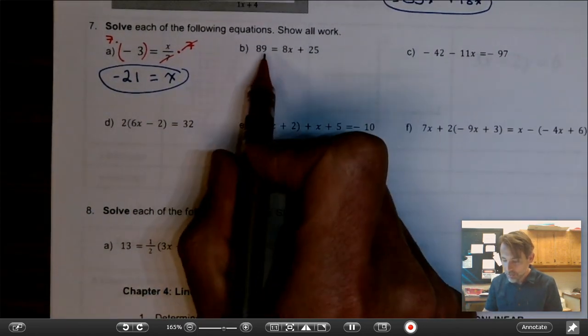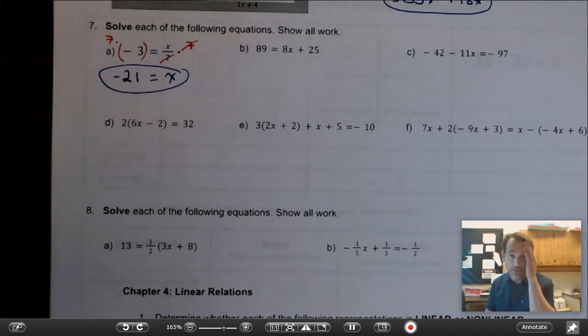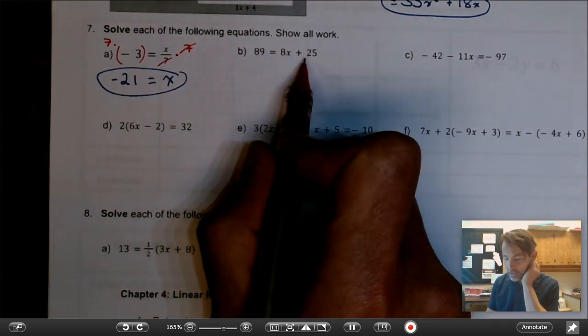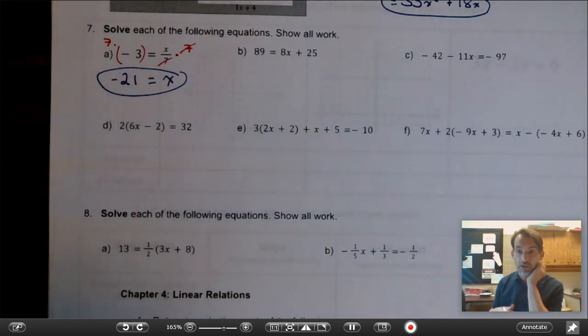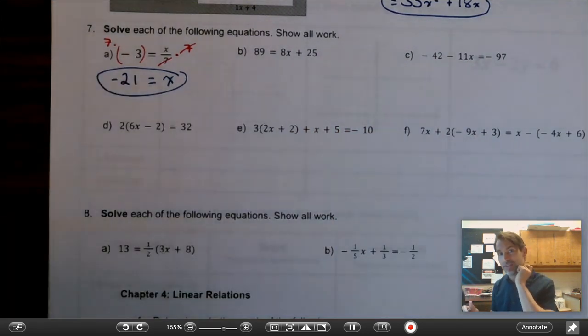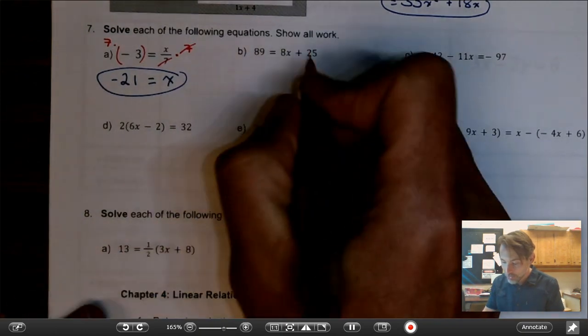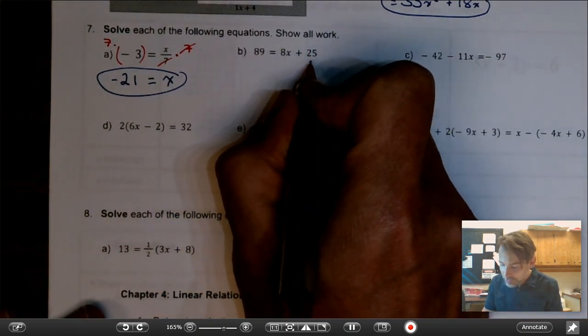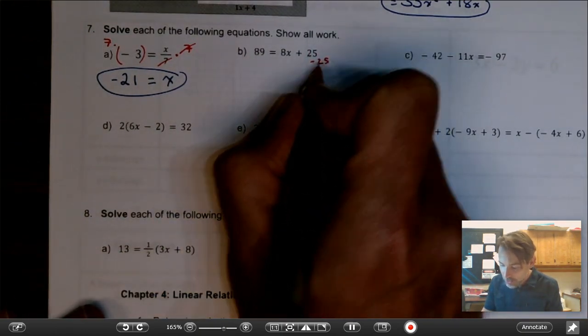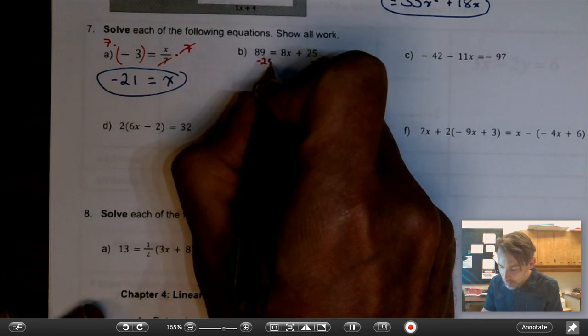Okay. Now, how about this over here? Now I've got multiple steps. What will we do? 89 equals 8x plus 25. Well, first, get all your numbers to one side, all your x terms to the other side. All the x terms are already on one side, and I see I'm adding 25 to them, and that's annoying. So subtract 25 from both sides.